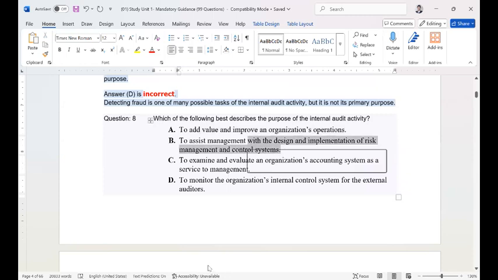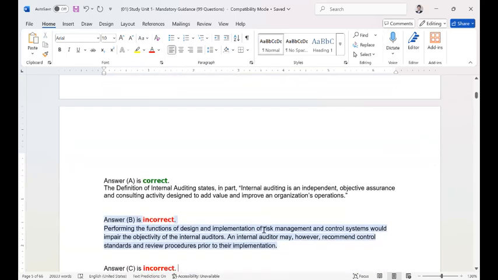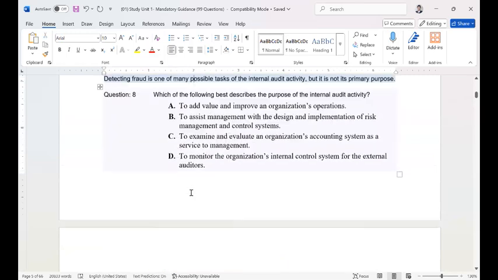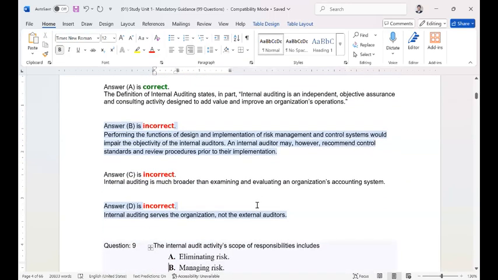To assist management with the design, I don't know. We are not supposed to be assisting. Performing functions of design and implementation of risk management and control would impair the objectivity of auditors. So don't perform. Even helping in designing is wrong because it's still designing. Helping in implementation, helping in drafting, helping in designing is wrong. We can review, we can recommend. So you have to be a little careful when you're giving your answers.